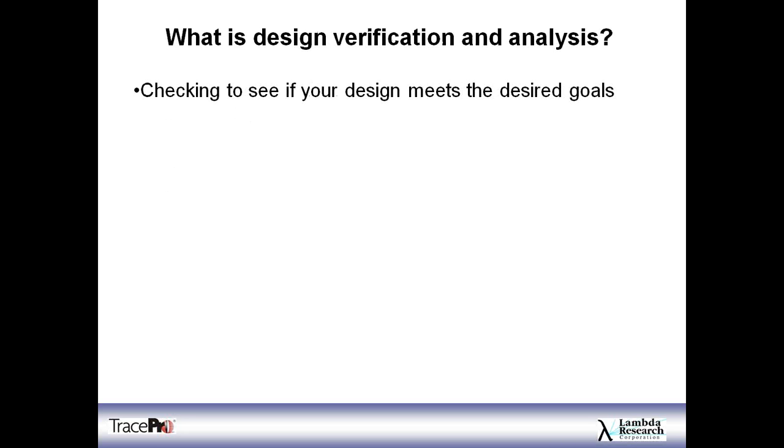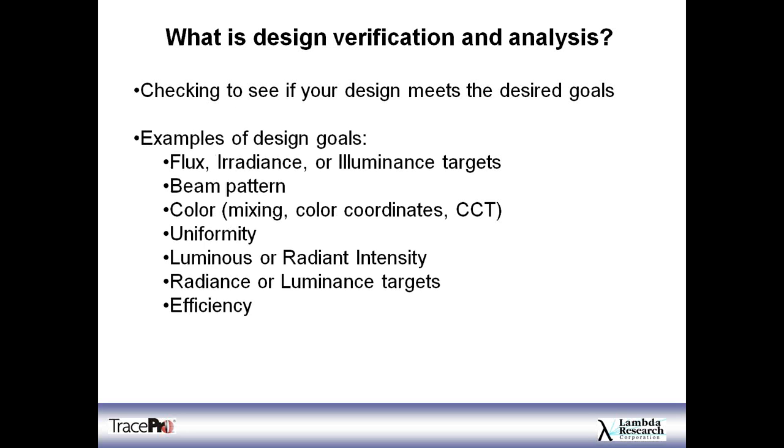So basically, we'll start off with, what is design verification analysis? In basic form, it's checking to see if your design meets the desired goals. Some examples of design goals: they could be a flux, irradiance, or luminance target, so how much light you're getting onto a target.